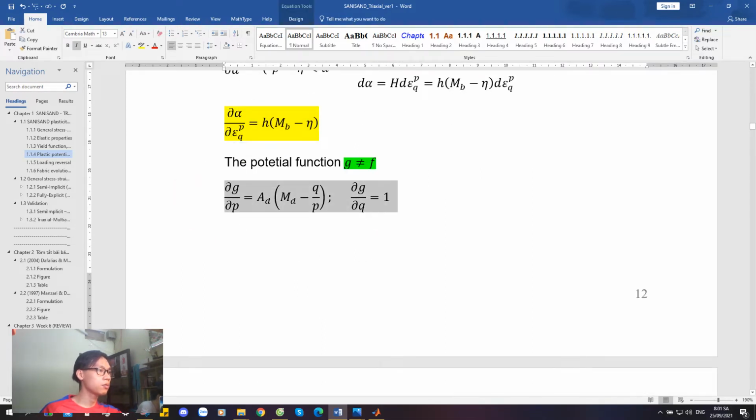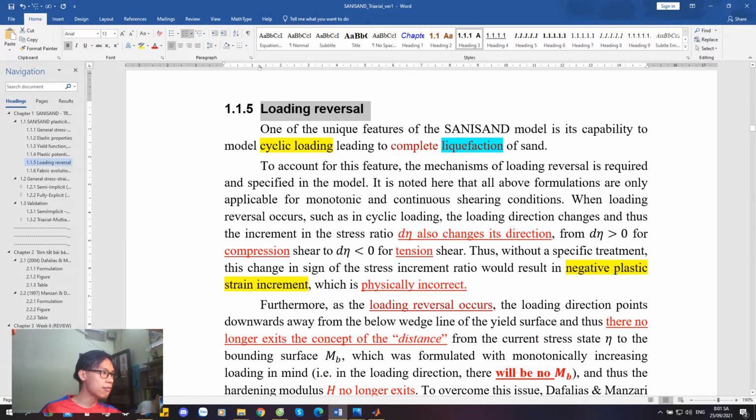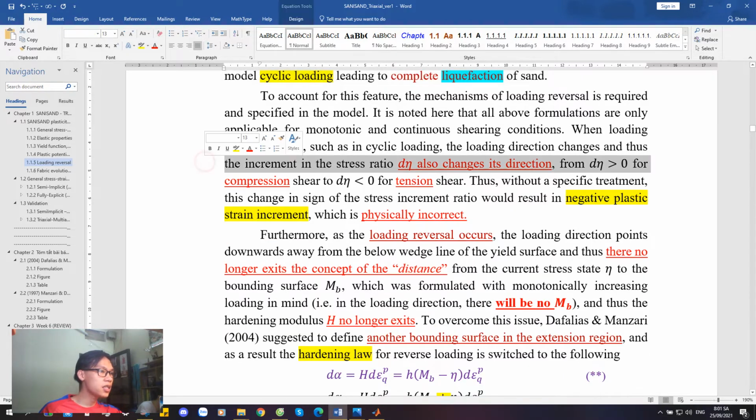Okay, we have all the potential function, but it will change because we have the loading reversal. The important thing in loading reversal is that you have to understand cyclic loading is complete liquefaction. The d eta also changes its direction. You have to focus on it.